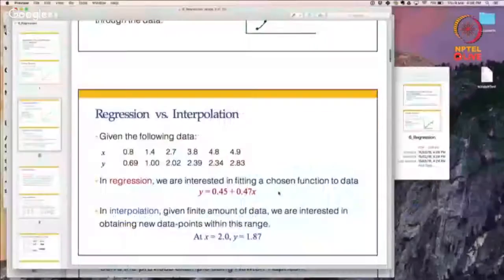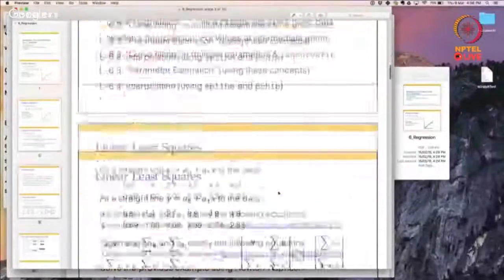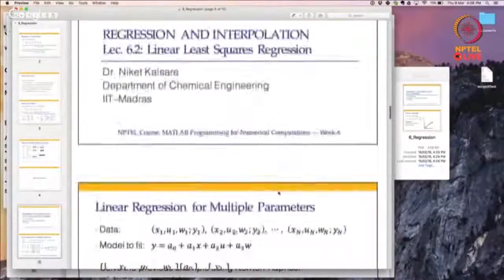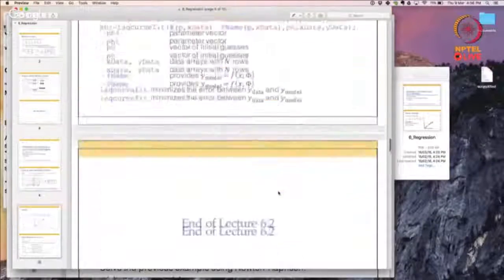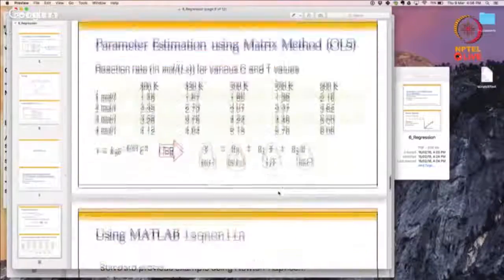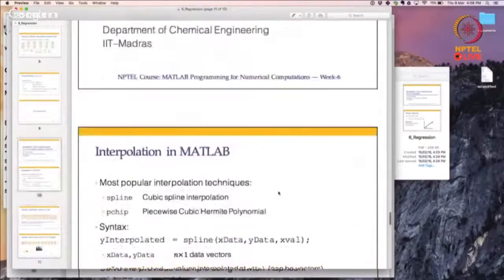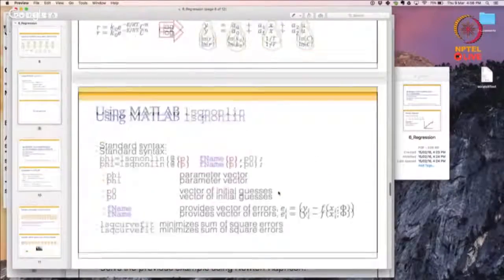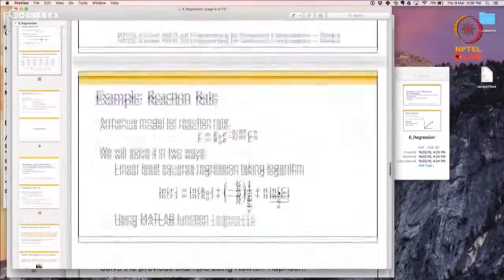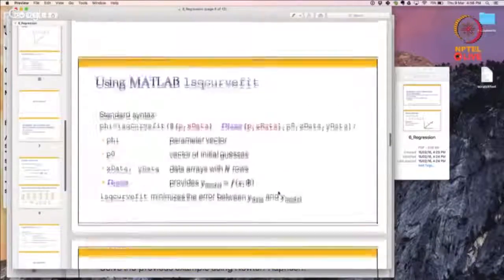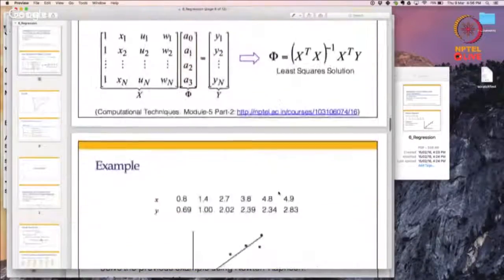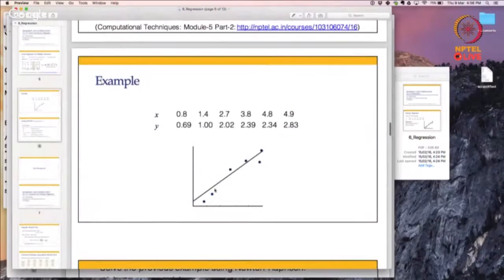Using polynomial regression, I'm not sure if we covered polynomial regression or not. Probably we did not. But what is done a lot with this type of data is, instead of fitting a first order curve, you fit, let's say, a cubic or a fourth order curve.